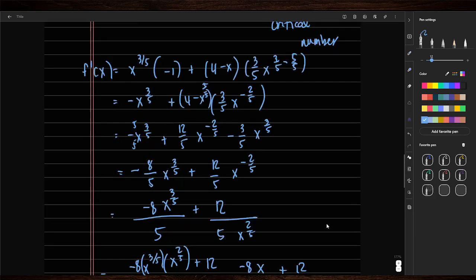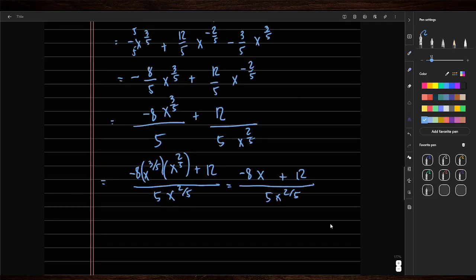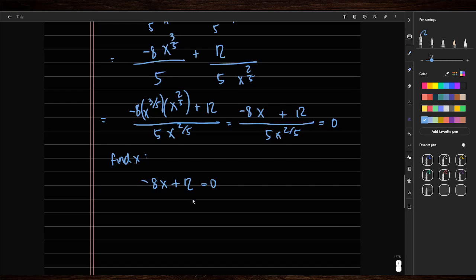What we know is, if we find the critical numbers, we just equate this to 0 and find x. If we cross multiply, the denominator cancels out. What remains here is negative 8x plus 12 equals 0. And we could say that your x here would be 12 over 8.